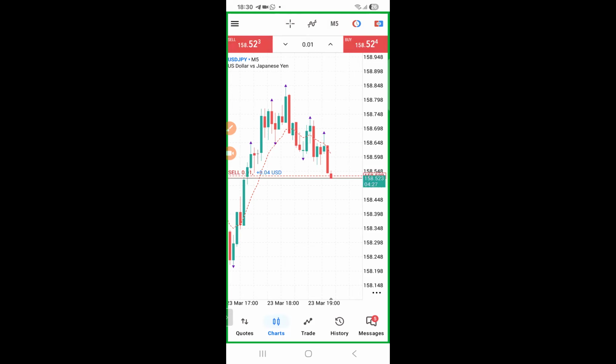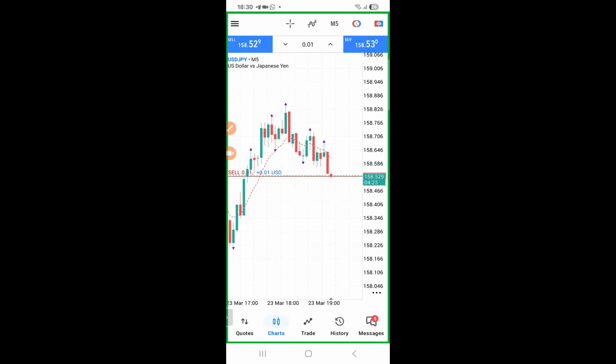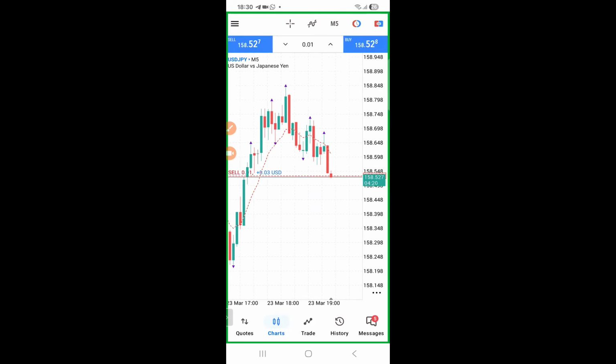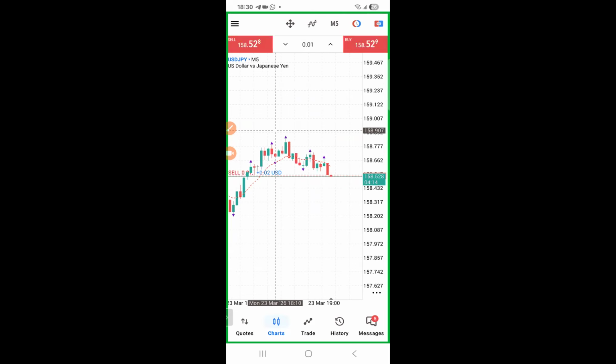Now, if you look at the take profit, if it's running like this, when the market just comes in, the one that matters to you most is the stop loss. You must always fix your stop loss. So let's say the stop loss was here, 158.9 something, in this black.